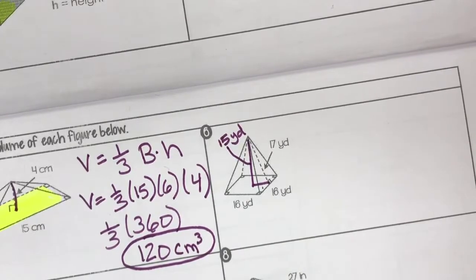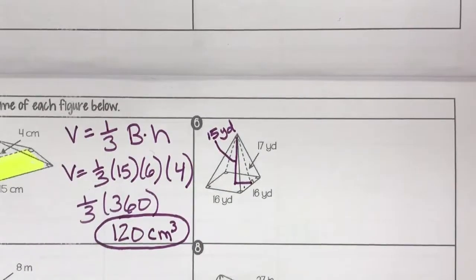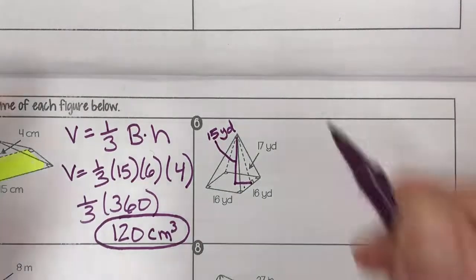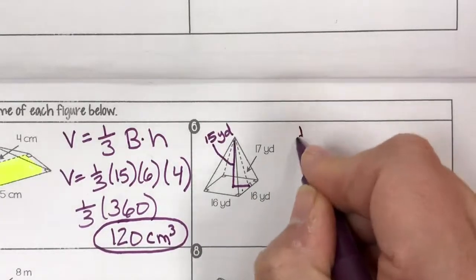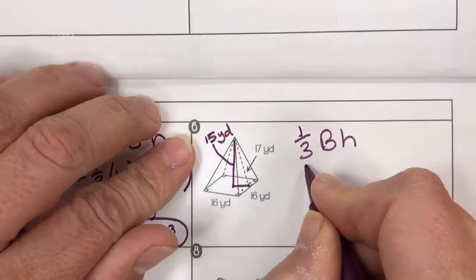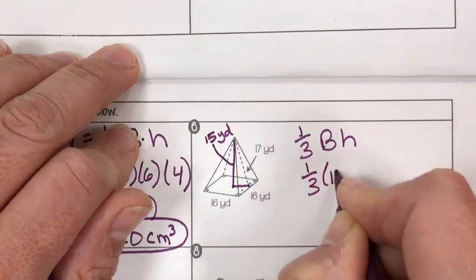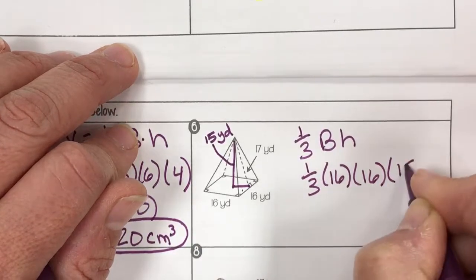Okay, welcome back. Let's go ahead and do those problems together and see how you did. So for number 6, for this pyramid, which is a square pyramid, we're going to do 1/3 area of the base times the height for the volume. The area of the base is just 16 times 16, and I gave you the height earlier, which is 15.